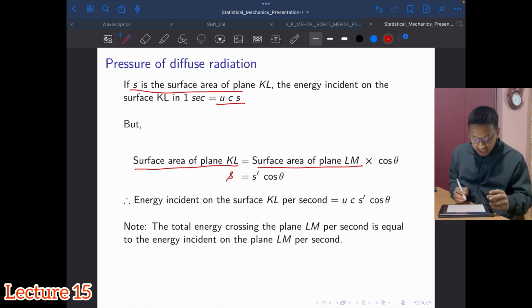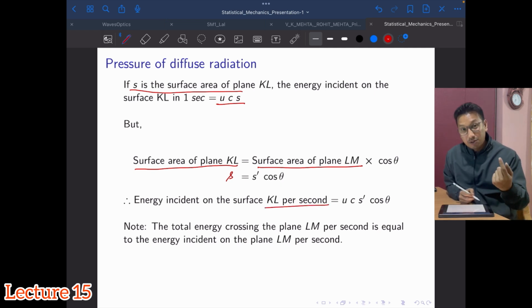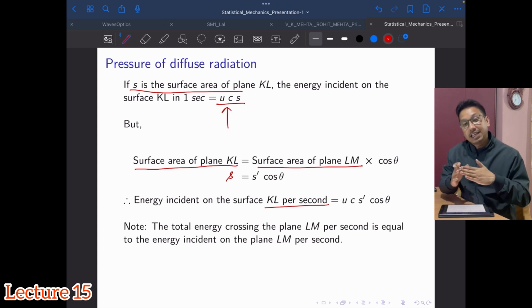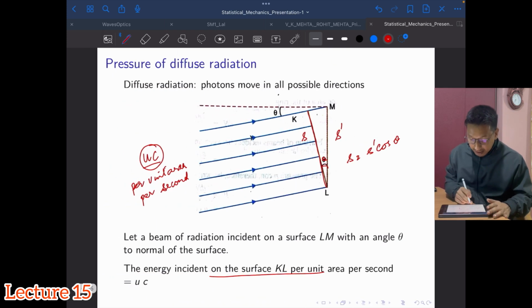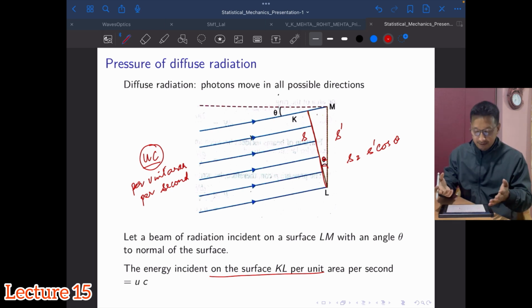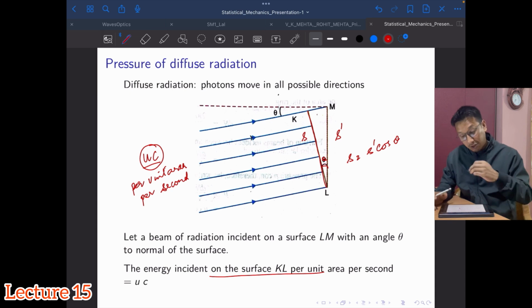So the energy incident on the surface KL per second is UCS, which we have already taken here, but in terms of area, ultimately the radiation is hitting surface LM. The KL surface we considered is perpendicular to the beam of radiation, because we can use the results from the earlier study.